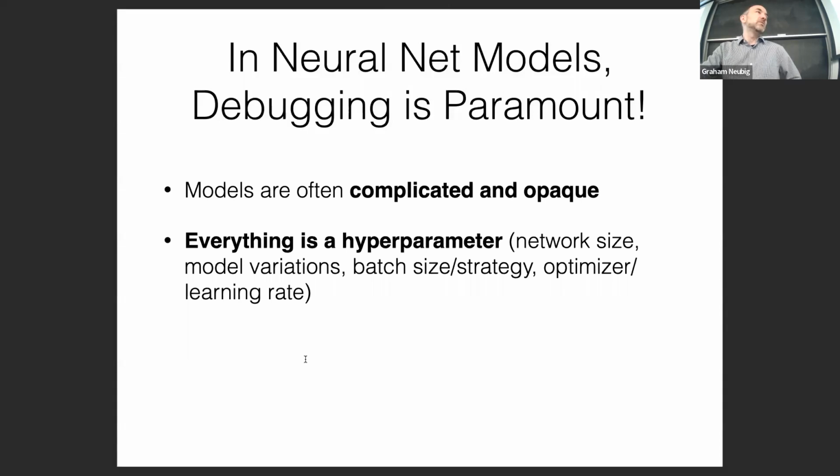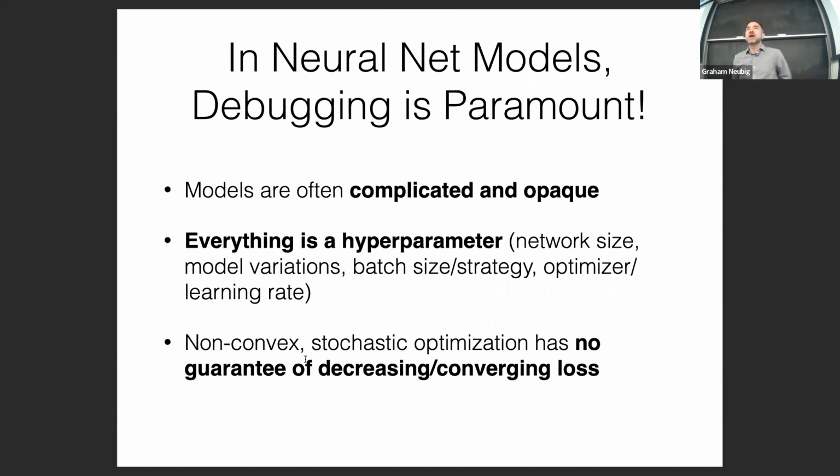Another big problem is everything is a hyperparameter, including network size, model variations, batch sizing or strategy, optimizer, learning rate, et cetera, et cetera. And sure, as you gain more experience, you'll gain an intuition about these particular things, but until you gain that intuition, it's relatively difficult to figure things out.